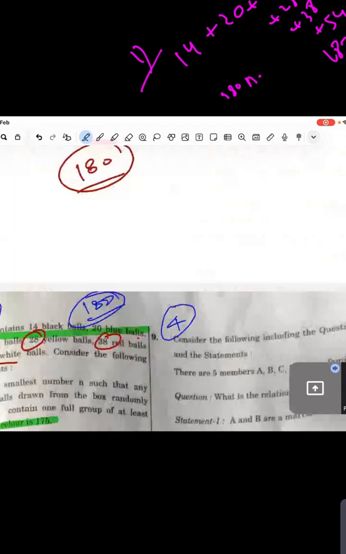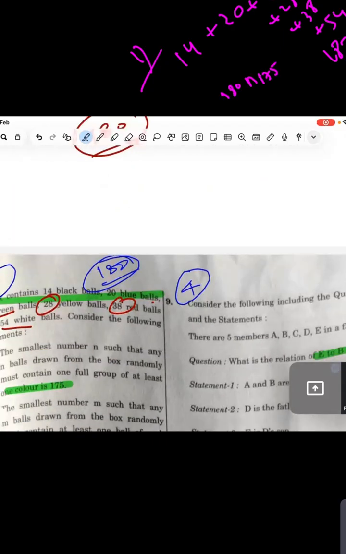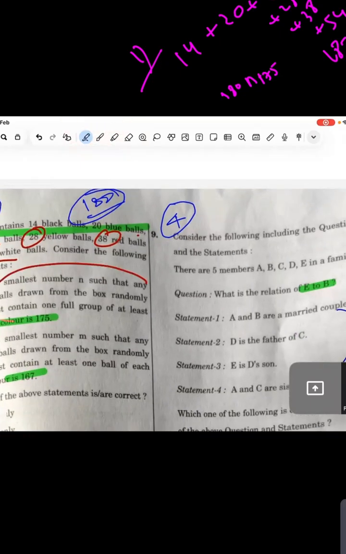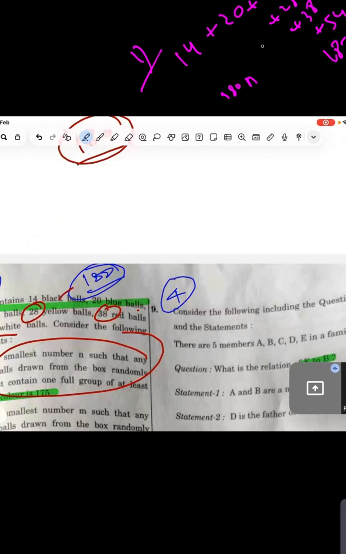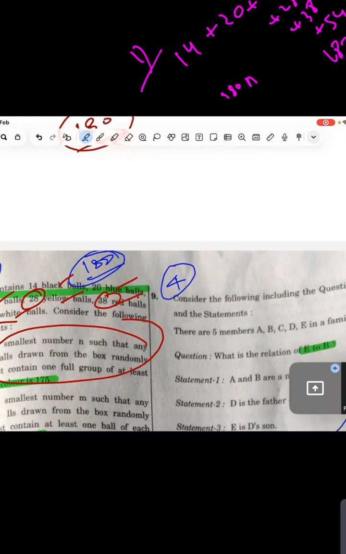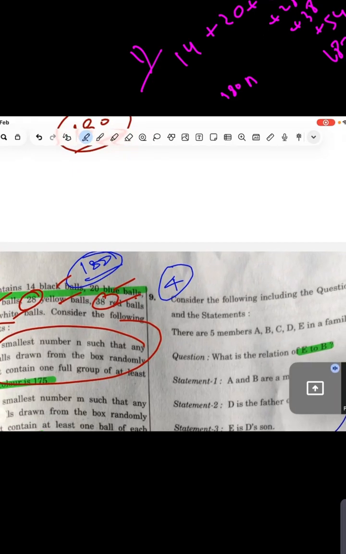So basically, what do we have to find out here? It means we have total how many groups? Black, blue, green, yellow, red, white. Six. Right? So do one thing, guys. Here, you know what you have to do?